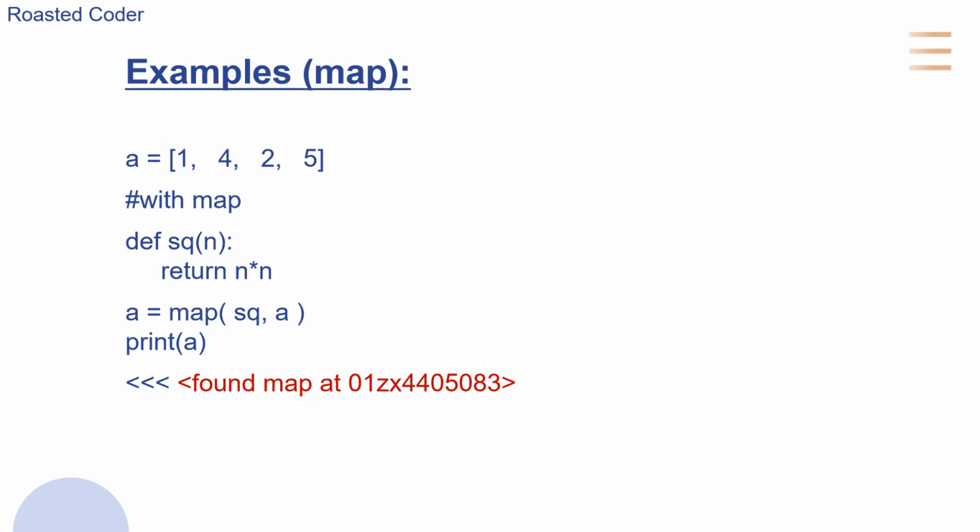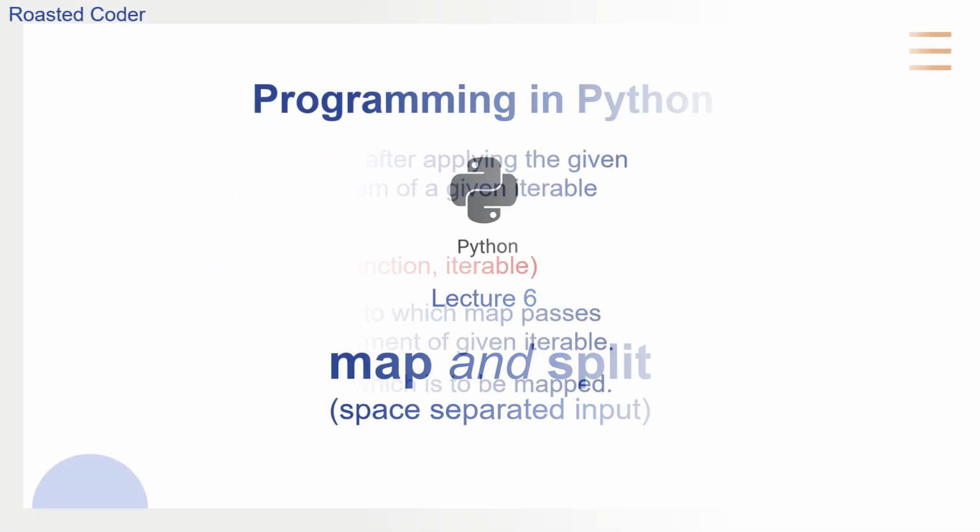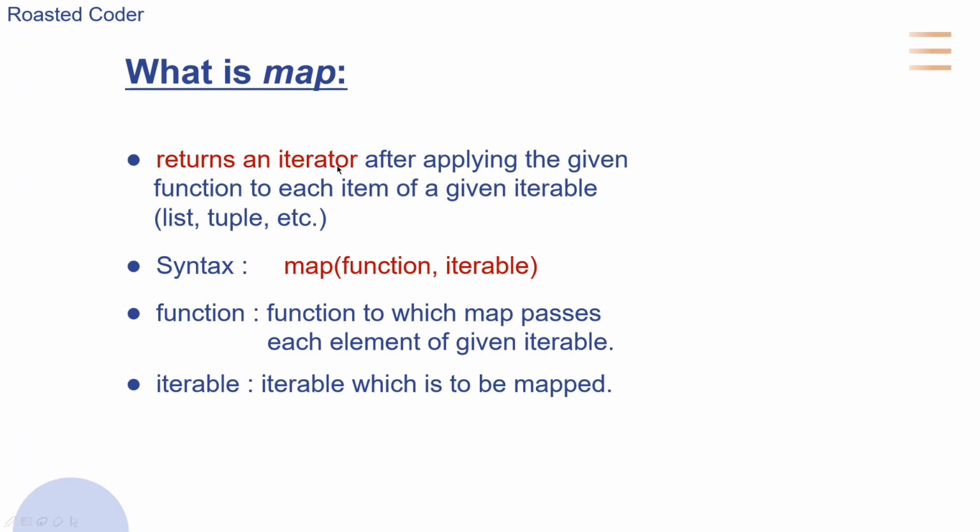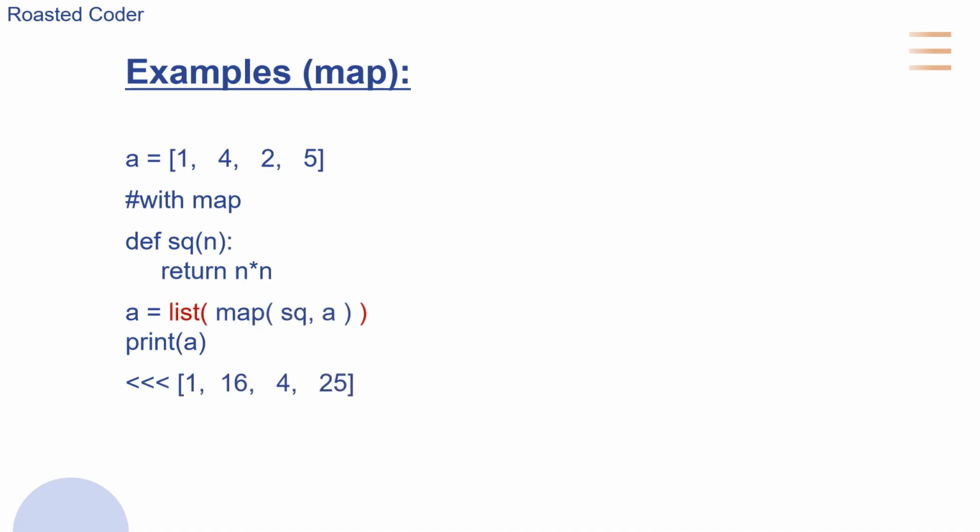Now if you print a, it will give this output like 'map object at some address'. But since we saw that it returns an iterator, it will not return a list by default. So we have to convert this iterator to a list, such that it will now return a list, and it will contain the square of every element in this list.